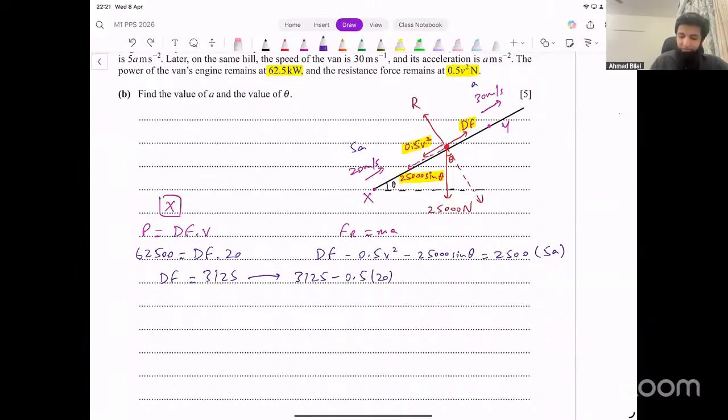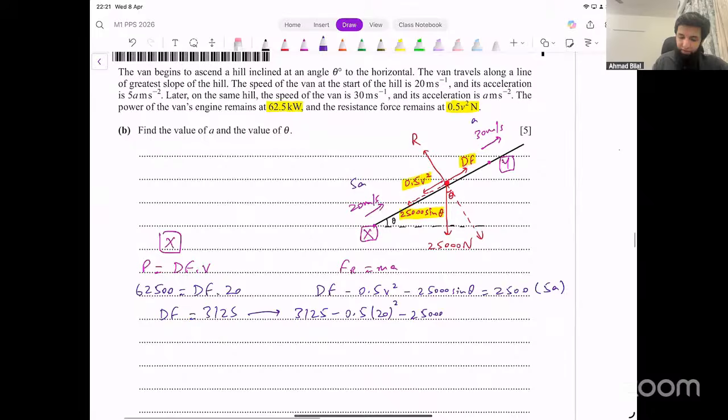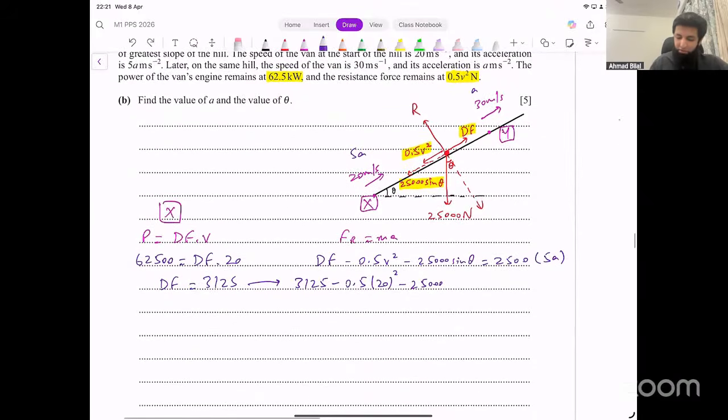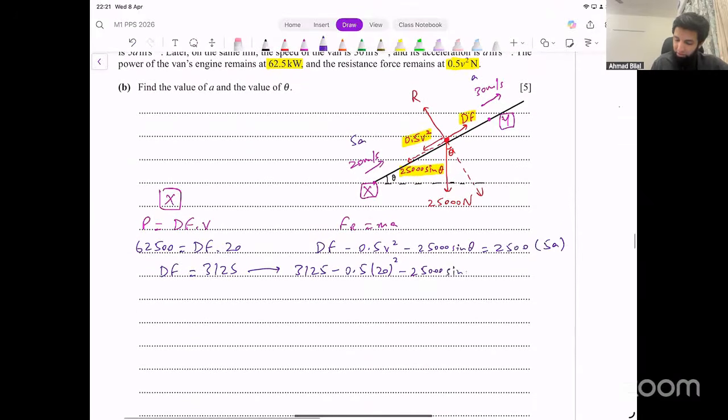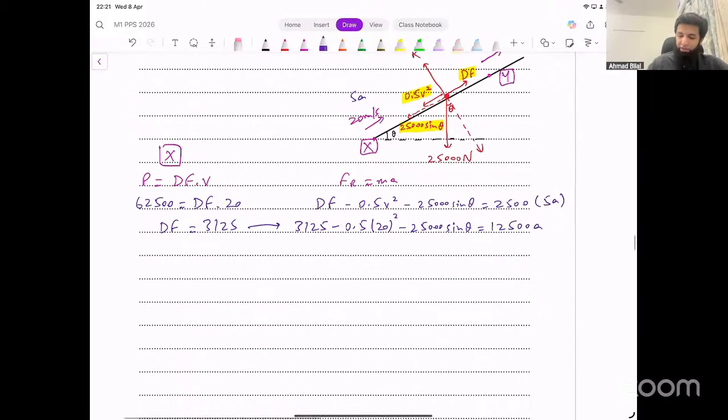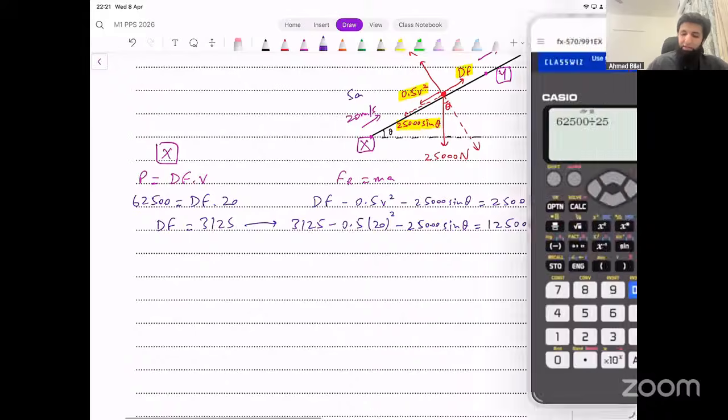I call this point x and this point y at the top. Squared, minus 25,000 times sin theta. Did they give us a value for sin theta? No, we have to find theta. Leave it as it is. Equals 2500 times 5, that will give us 12,500 times a. Well, this is one equation that we're getting in terms of theta and a.